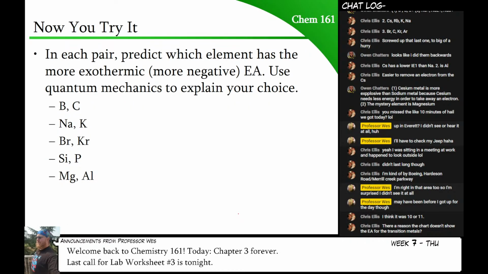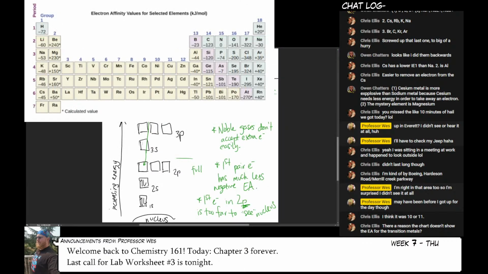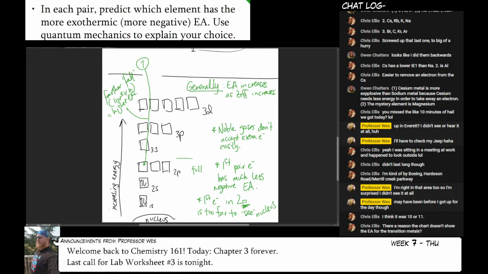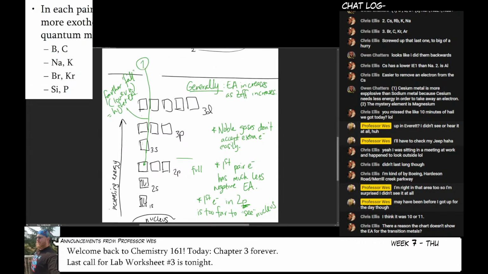All right, so using that chart that I just showed you, in fact, what I'm going to do is I'm going to just put this back on the screen here for you. I want you to tell me, in each pair, which one has the more exothermic electron affinity. Exothermic means more negative.